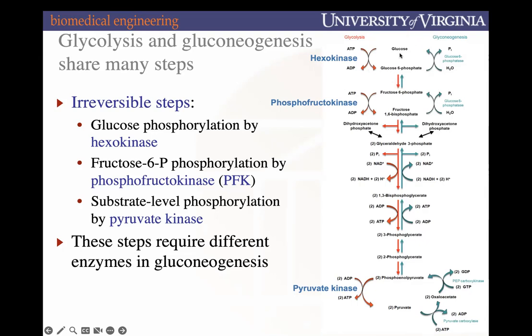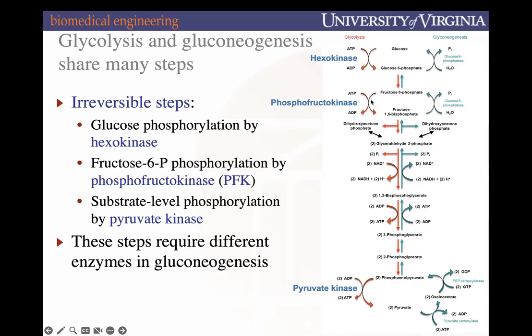Another key thing is that many of these irreversible steps relate to phosphorylation events. The other irreversible step is at phosphofructokinase, whereby fructose 6-phosphate is phosphorylated to produce fructose 1,6-bisphosphate. These are the first two irreversible steps, where once you cross the Rubicon, you can't go backwards.